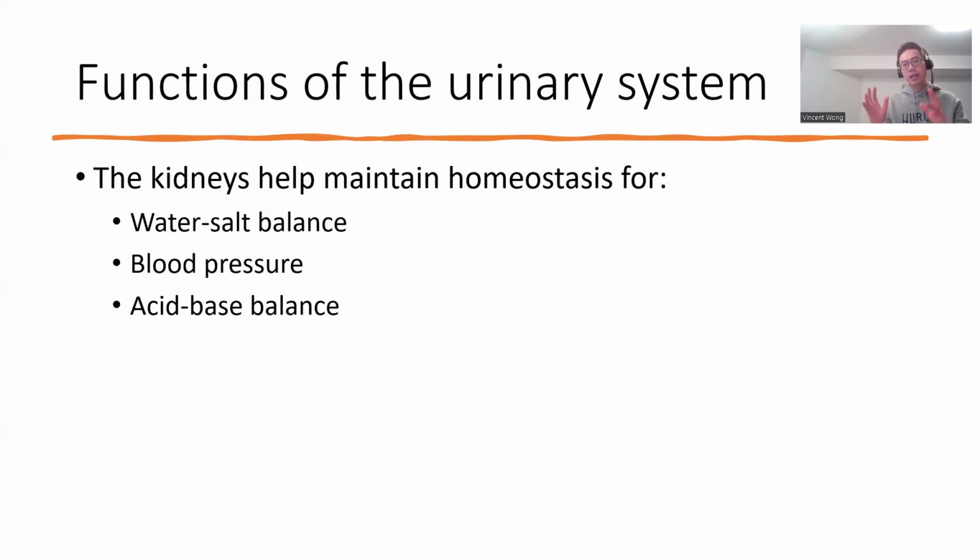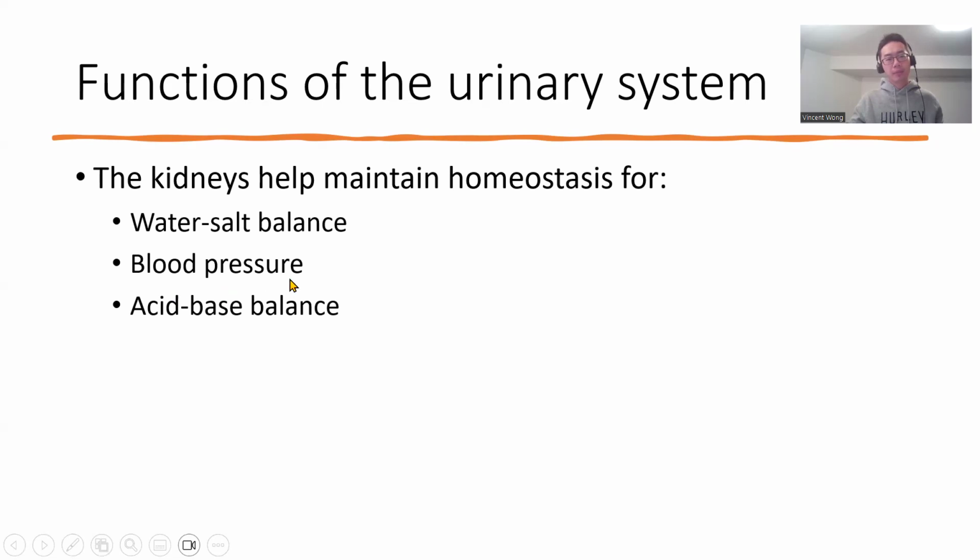The kidney also helps maintain homeostasis. So there are 3 examples that we're going to look at. There's water-salt balance, right? When to retain water, when to get rid of it, when to hold on to the salt in the blood, and when to excrete it. That's, as you will see, regulated by hormones that are secreted from the kidney.